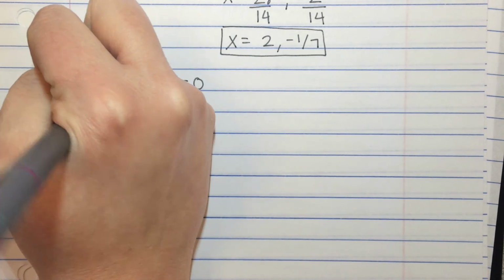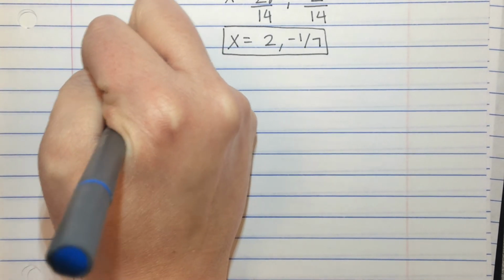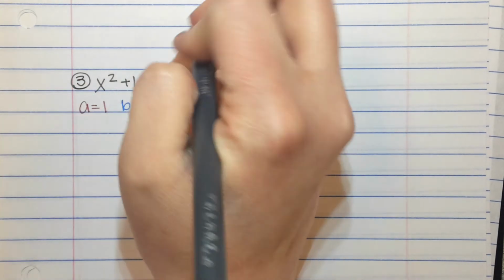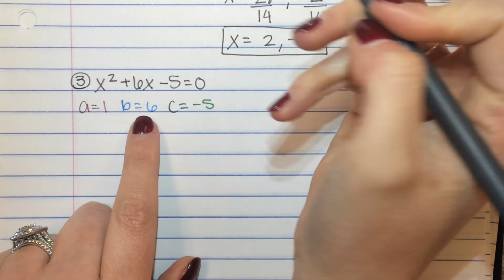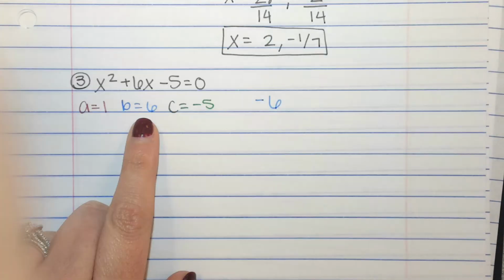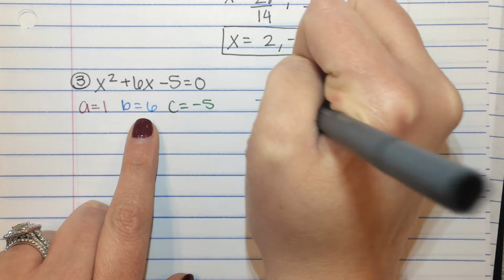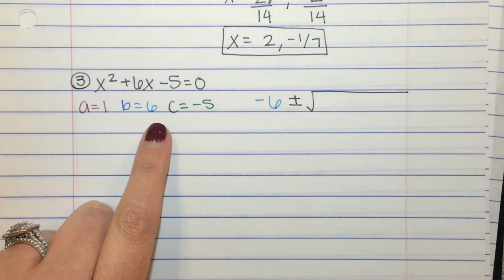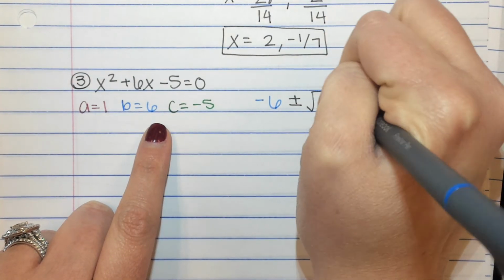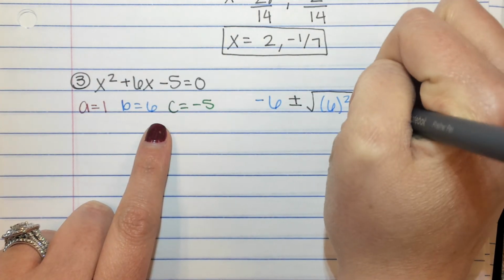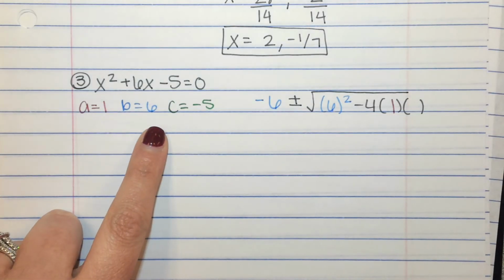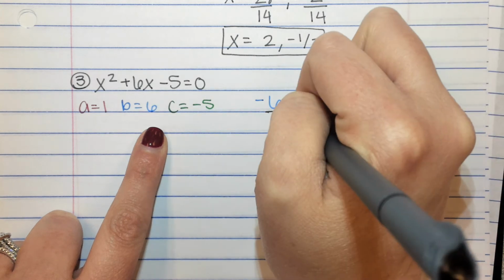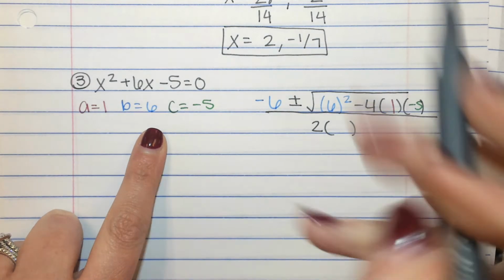So your A is 1, your B is 6, and your C is negative 5. So let's plug those into our formula. So the opposite of B, so that's negative 6, then plus or minus the square root. B squared, so that's going to be 6 squared minus 4 times A is 1, C is negative 5, and that's all over 2 times A, which is 2 times 1.